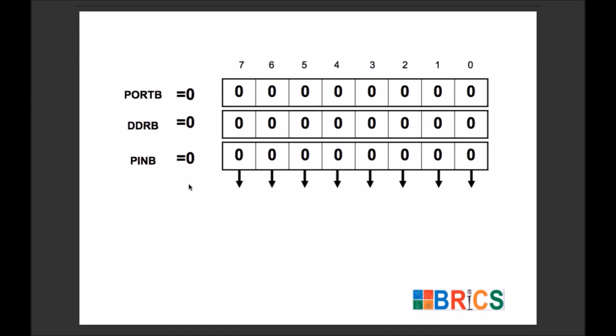But the metallic pins which are visible outside your microcontroller, like pin B0, or pin number 1 of the microcontroller, is actually this bit of PINB. Similarly, pin number 2 of the microcontroller is this bit, pin number 3 is this bit, and so on.